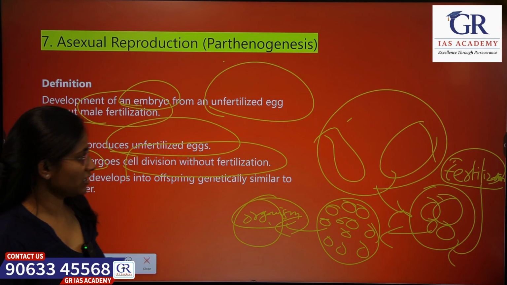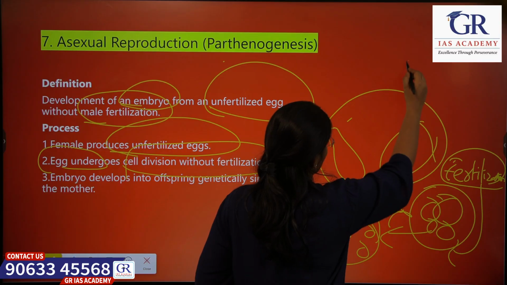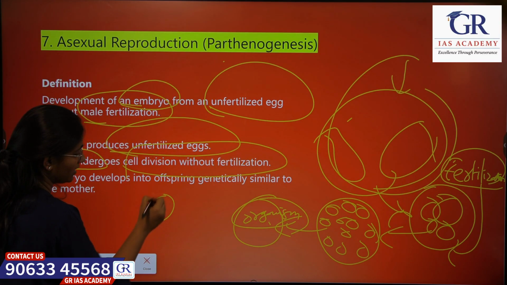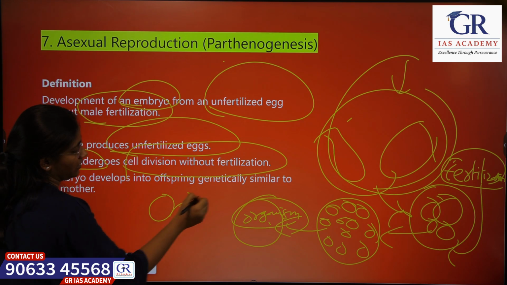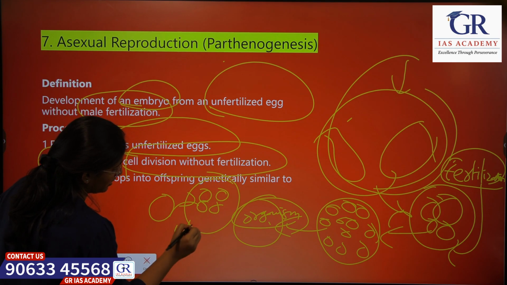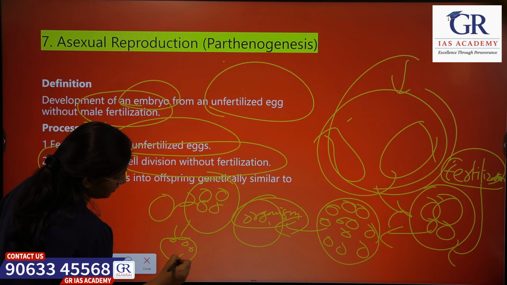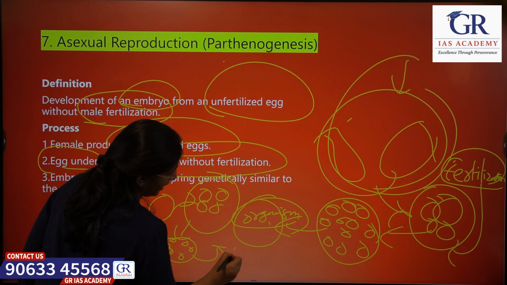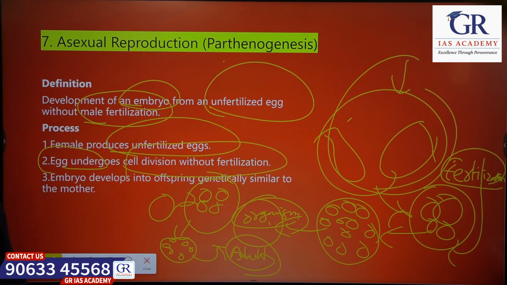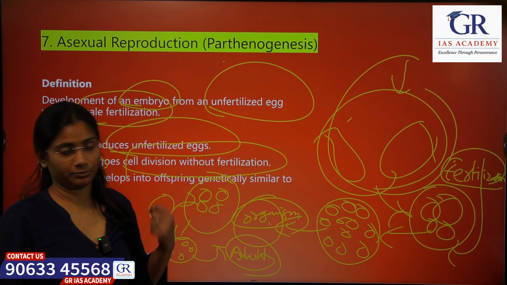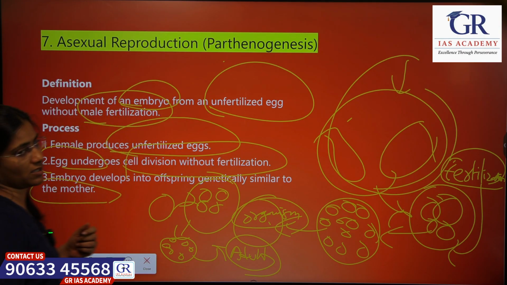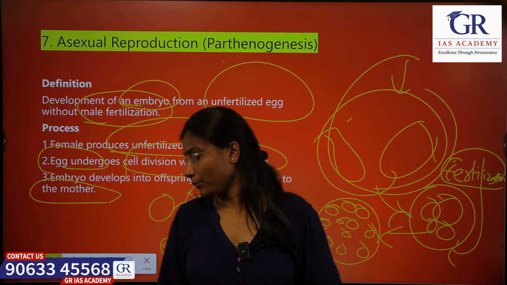But in parthenogenesis, this process is skipped. Directly the egg divides, cell division happens and it becomes an adult. So the fertilization process here is skipped and it becomes similar to the mother, right?